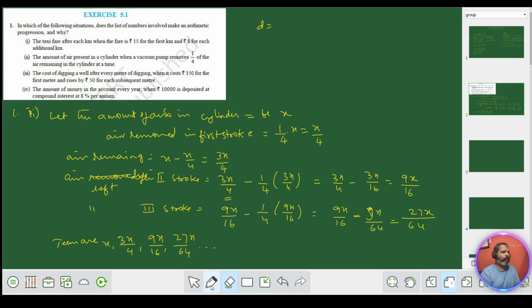Now the second term is 3x by 4, and you have to subtract x. A2 minus A1, you know, the common difference. 3x by 4 minus x. 4 is the LCM.